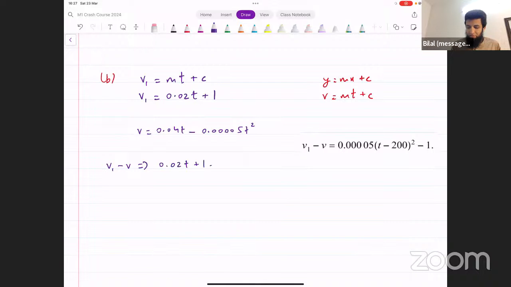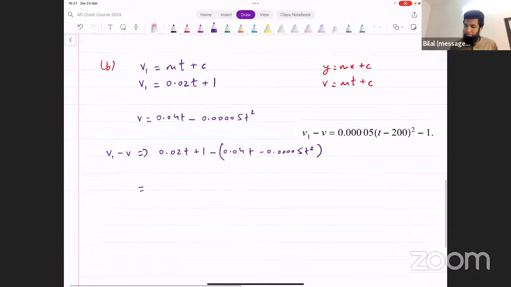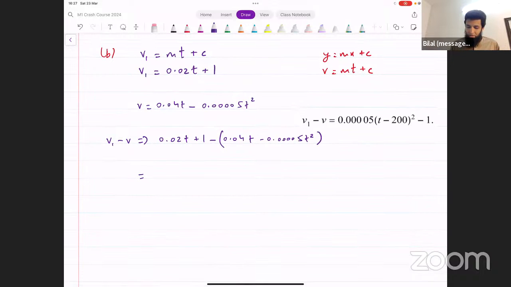0.02t plus 1 minus 0.04t plus... or let me write it like this first, 0.04t minus 0.00005t squared. And that simplifies to... this is going to become positive, sorry.